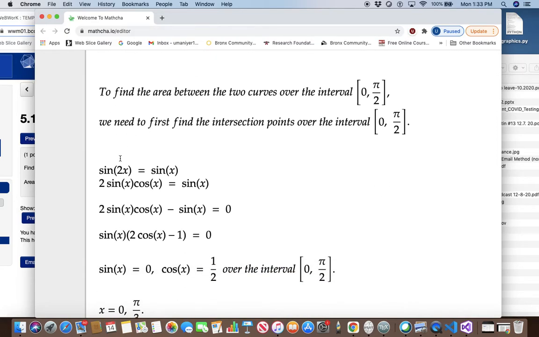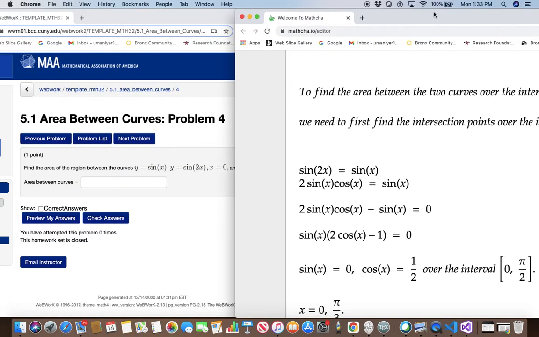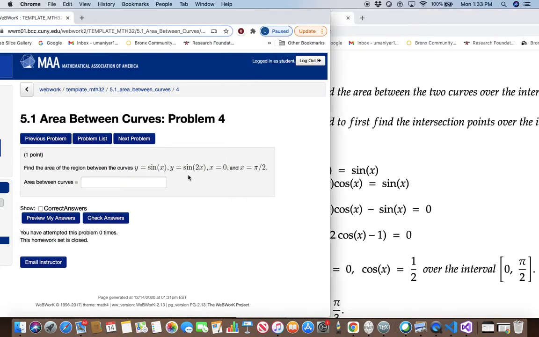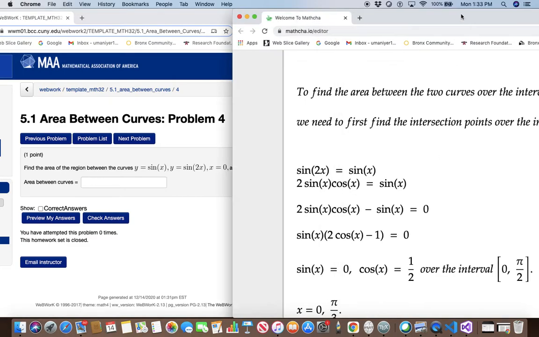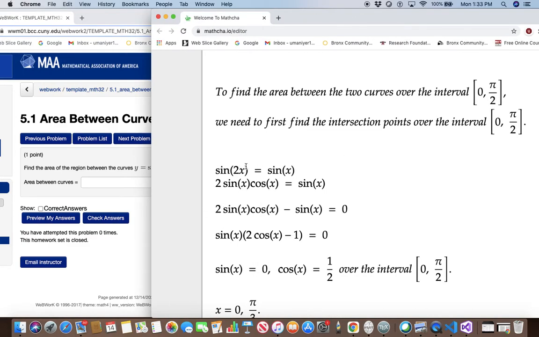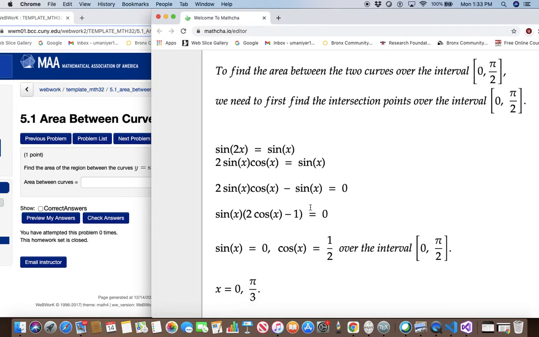How do I get intersection points? Sine 2x equals sine x. We set the two expressions for y equal to each other. Sine 2x is 2 sine x cosine x, which equals sine x. Bring sine x to the left: 2 sine x cosine x minus sine x equals 0.